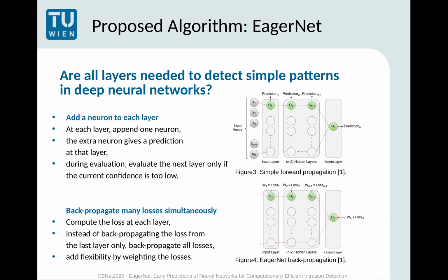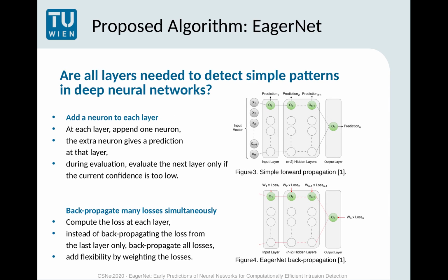Now our proposed way, or what we are trying to solve here, is basically when we feed those samples into a simple FCNN, we were wondering, are all layers needed actually to detect attacks? Because we all know that some attacks are really easy to detect, other attacks are hard to detect.